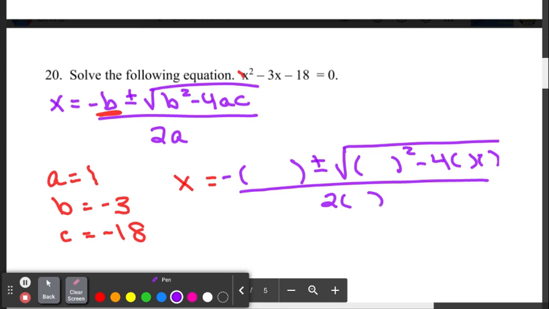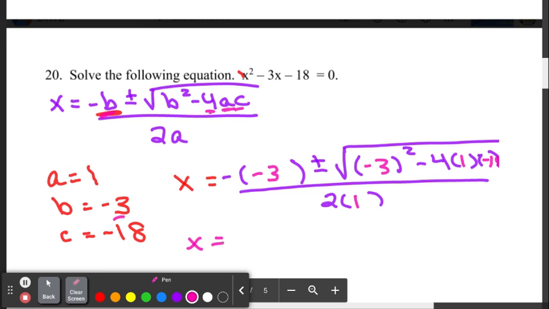So I just rewrote the formula with little parentheses where we put our information in. So negative b is negative 3, so that goes there. B squared, negative 3 squared, minus 4 times a times c, negative 18, all over 2 times 1.